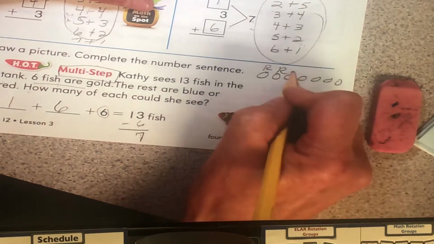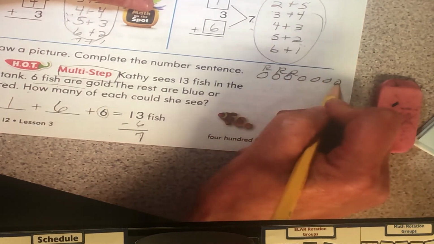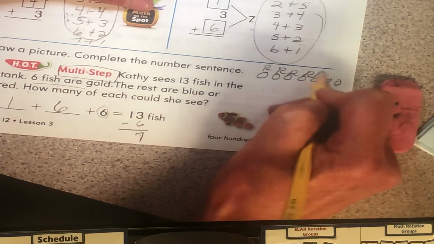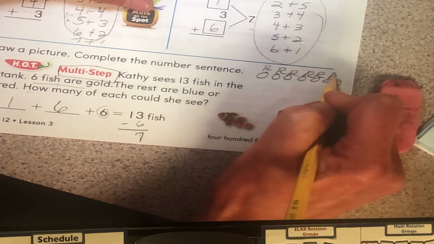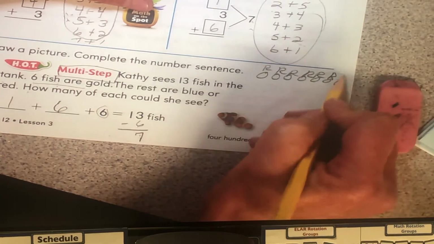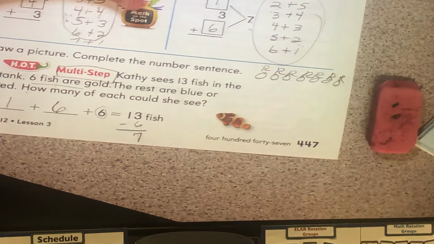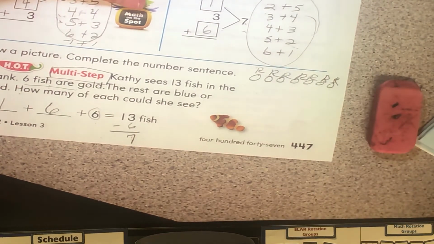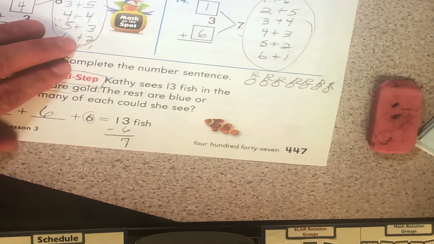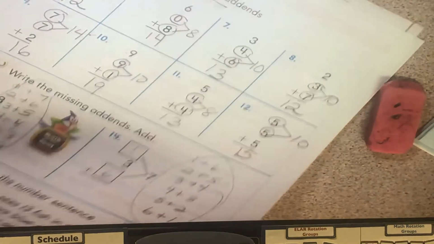I could have 3 reds and 4 blues. I could have 4 reds and 3 blues. I could have 5 reds and 2 blues, 6 reds and 1 blue, or I could have 7 reds and 0 blues. So lots of different ways to solve that problem, boys and girls. Okay?